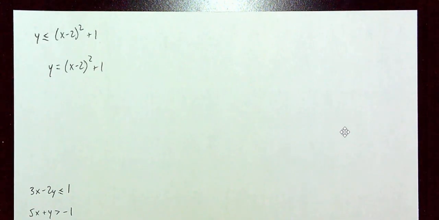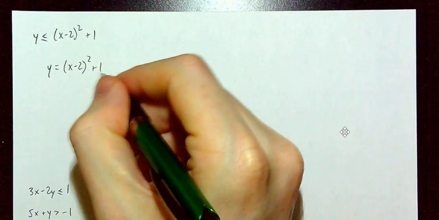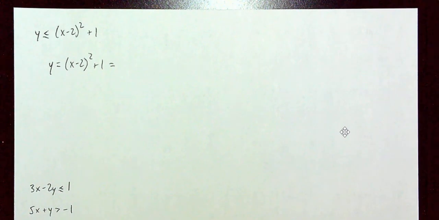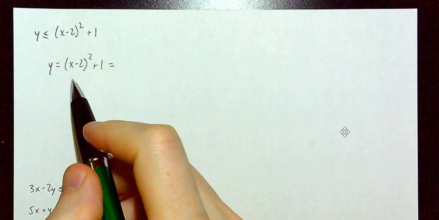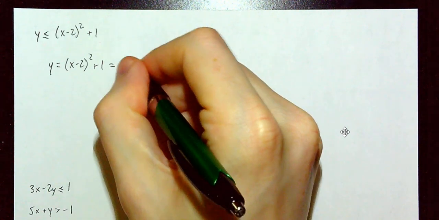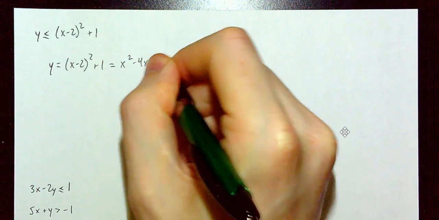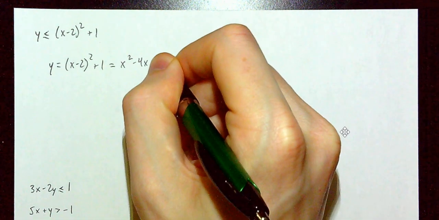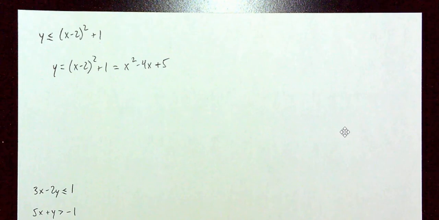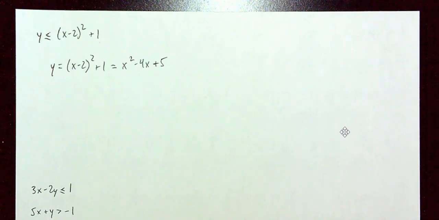We have y equal to something strictly in terms of x. And I'm going to FOIL this out. I'm going to do the x minus 2 times the x minus 2 and then add 1 on. This is x squared minus 4x plus 5. There. So this, as you know, is a quadratic equation here.